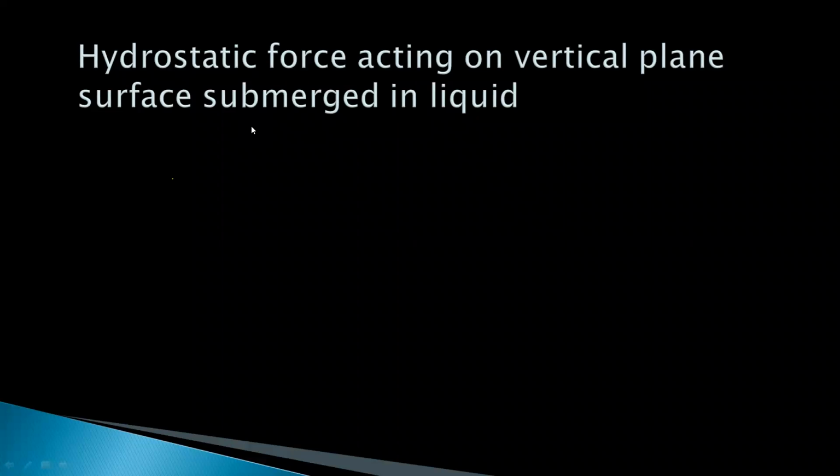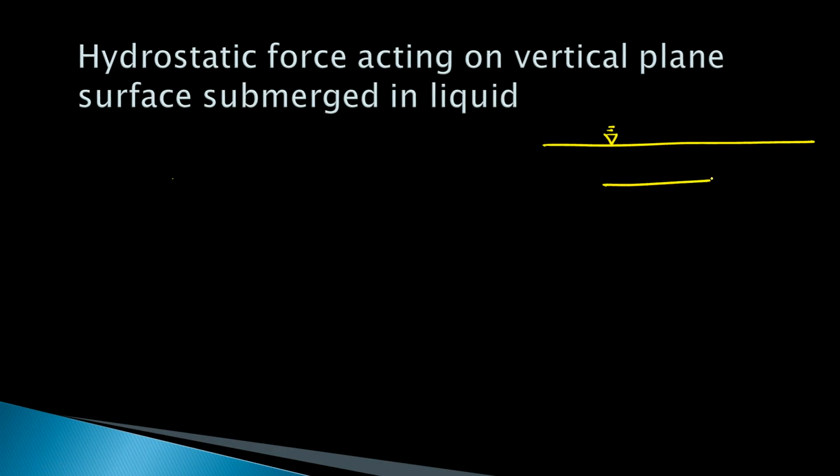So in the last lecture, we have seen the hydrostatic force acting on the vertical plane, which is submerged in the liquid. Okay. So for the calculation of the hydrostatic force, we use the hydrostatic law. So suppose this is the free surface of the liquid. Okay.